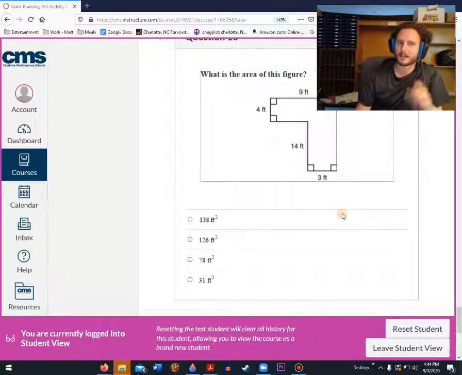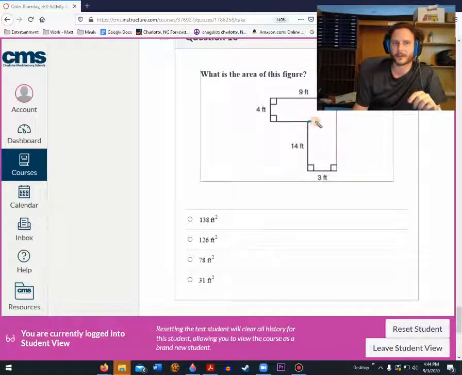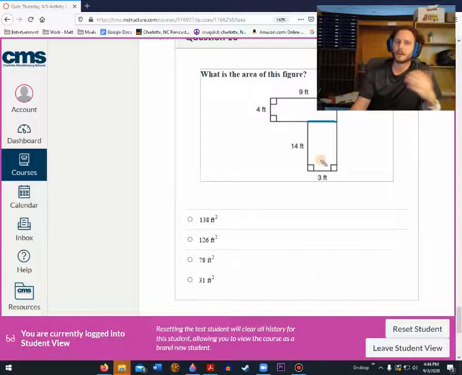There is a clear, easy way to cut this problem up, and that is going to be with a horizontal line. If you were to cut this shape with a vertical line, you would have to do a little bit of extra work to figure out how wide only this section is and how tall this section is. By cutting it with a horizontal line, it already tells you the base and height of this bottom rectangle.